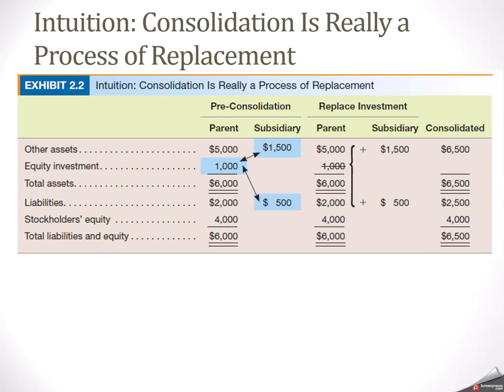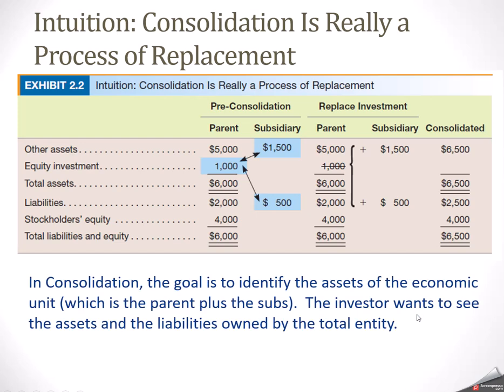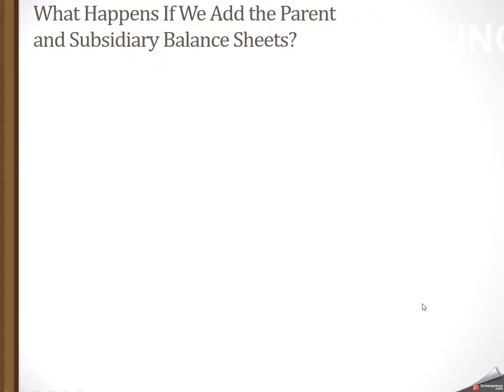But in consolidation, we want to get rid of the $1,000 and replace it with the sub's actual assets less liabilities. So that is what we'll do when we get into those entries. Again, because an investor wants to see the real assets and liabilities, not just a one line item that kind of sums it all together.